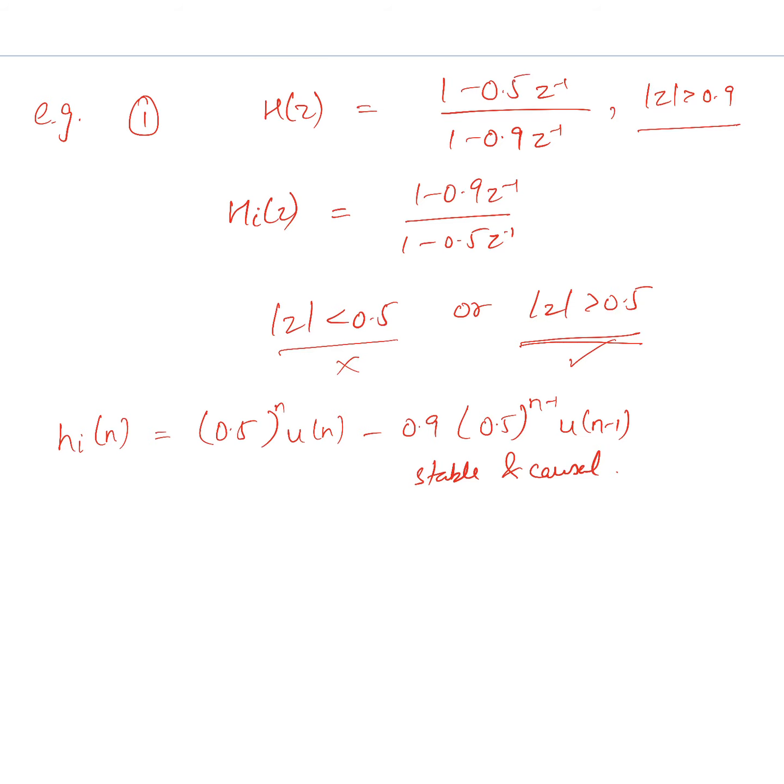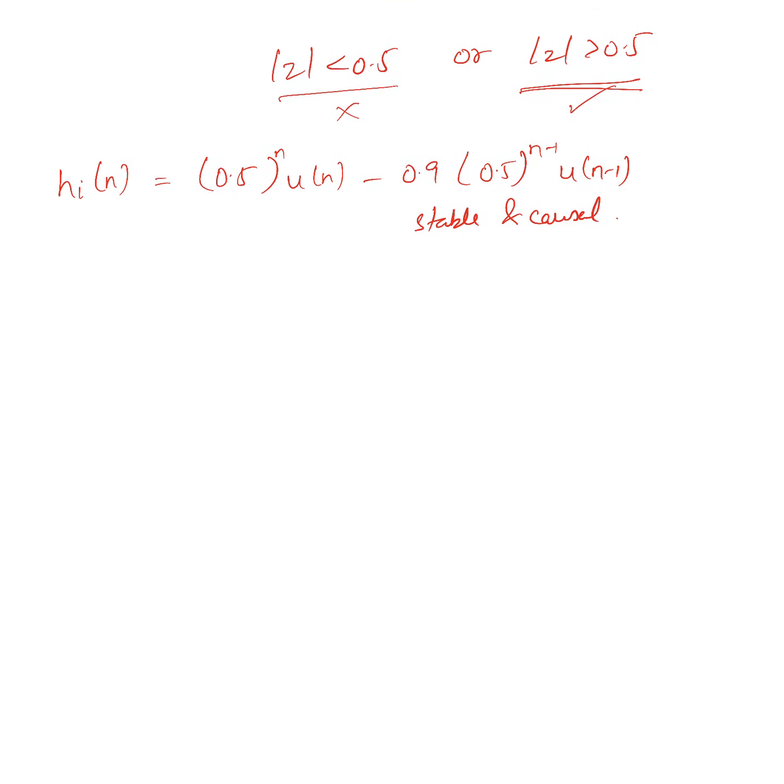Okay, so let's see the second example, where your h of z now contains a zero. So we have z inverse minus 0.5 over 1 minus 0.9 z inverse. Again the ROC remains the same, mod z greater than 0.9.